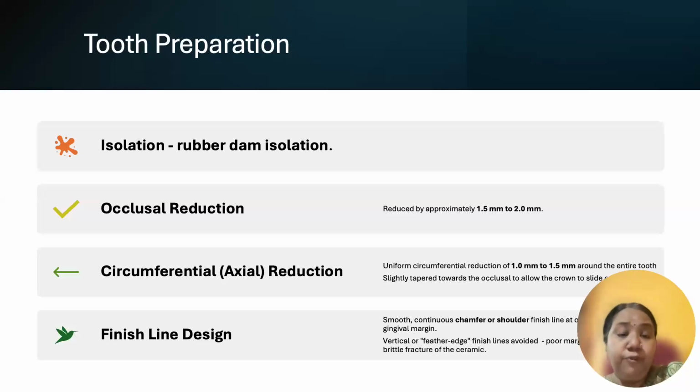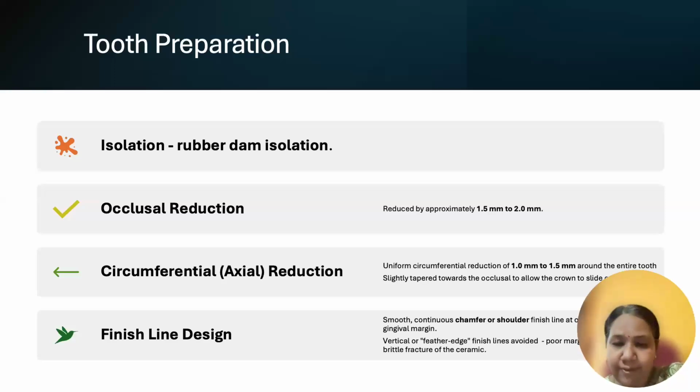Then we go for a uniform circumferential reduction. Uniform circumferential reduction of about 1 millimeter to 1.5 millimeters of the whole tooth structure is required. So the entire tooth has to be reduced. And also, this preparation should be slightly tapered towards the occlusal to allow for the crown to slide on.